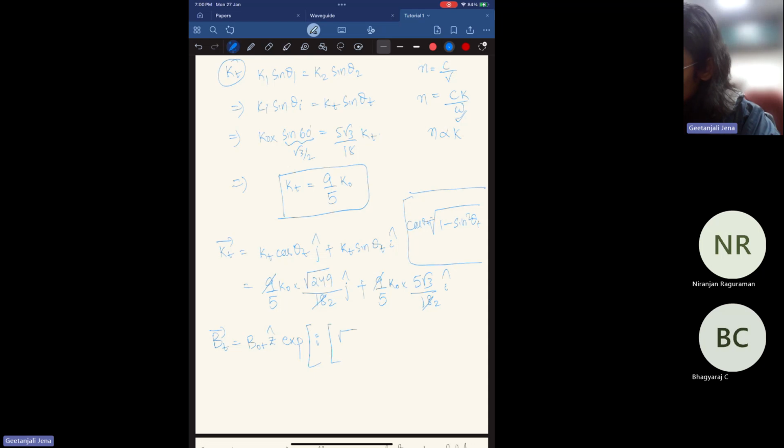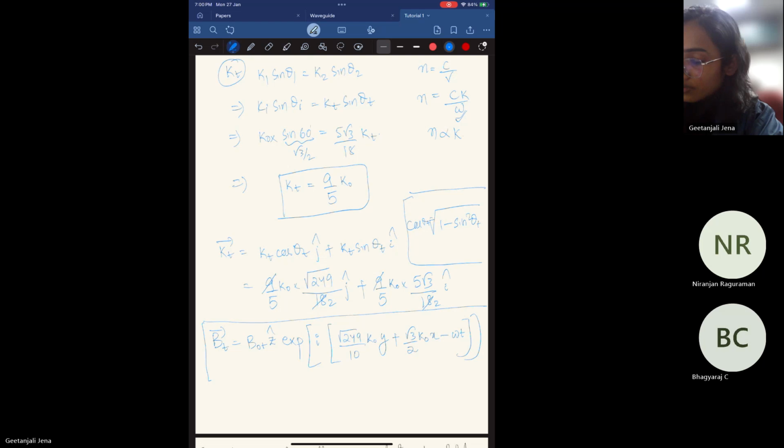So this is root over of 249 by 10 k0 y plus root 3 by 2 k0 x minus omega t. So this is the complete expression for the transmitted wave.